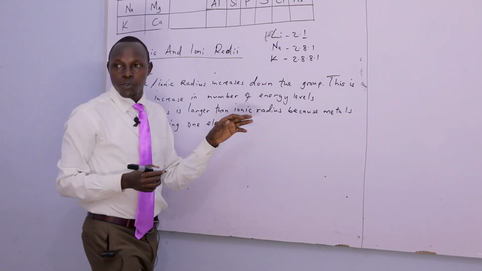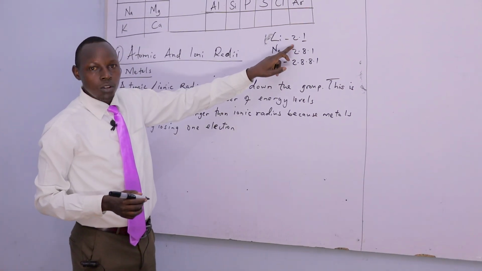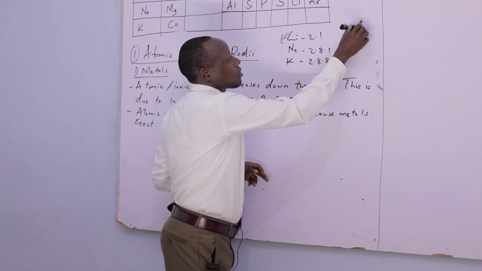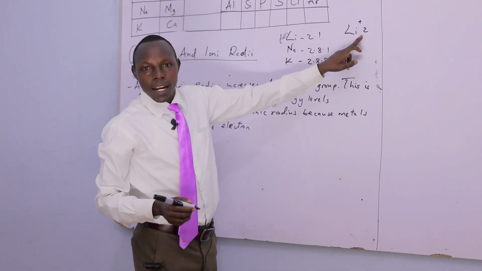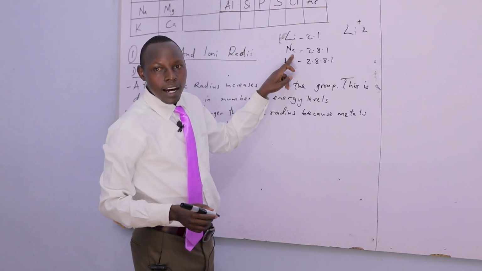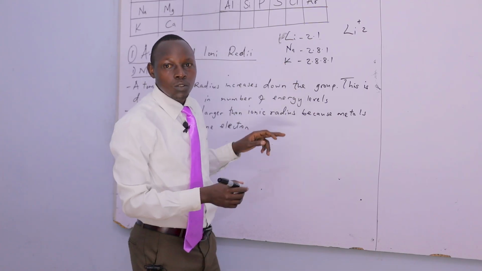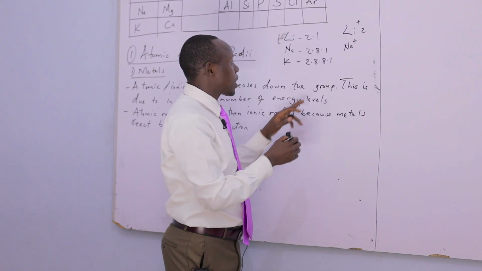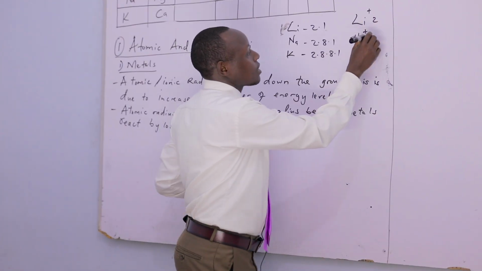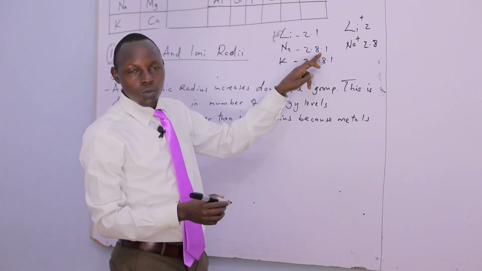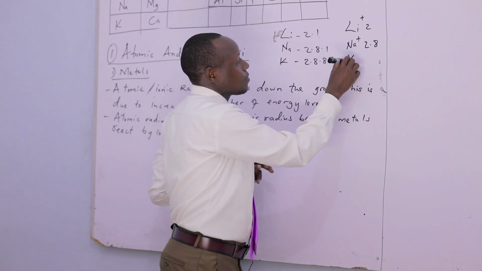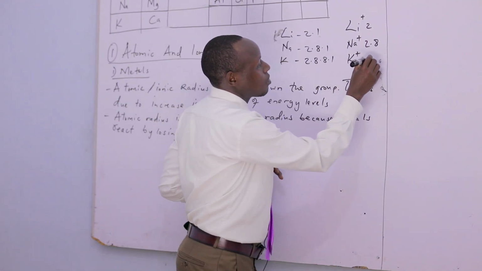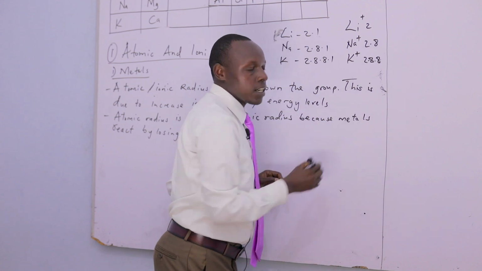lithium, for example, for it to be stable, loses one electron, and so a stable lithium ion contains one energy level. Sodium has 3 energy levels. For it to be stable, it loses one electron, so it remains with 2,8. For potassium, it loses one electron again, it has 2,8,8.